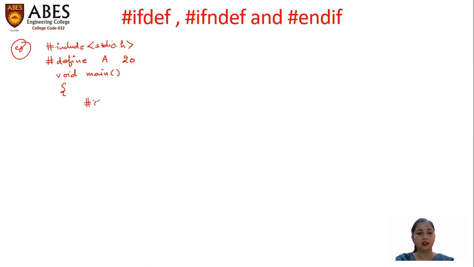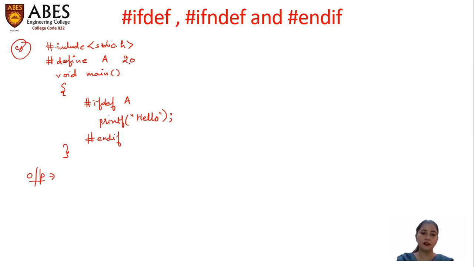In the main function, I've simply written #ifdef A. That means #ifdef will check whether this macro has been defined or not. If macro A is defined, then only it will return true and the consecutive statement will be executed.